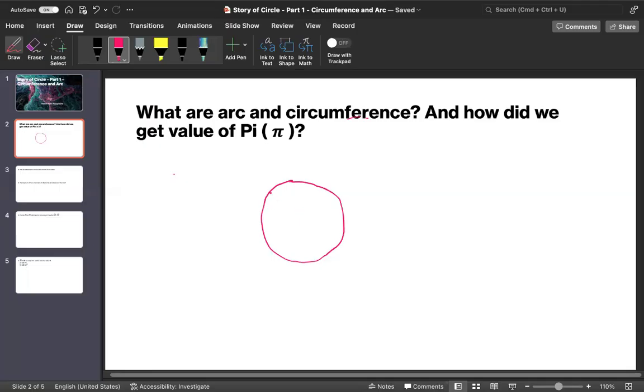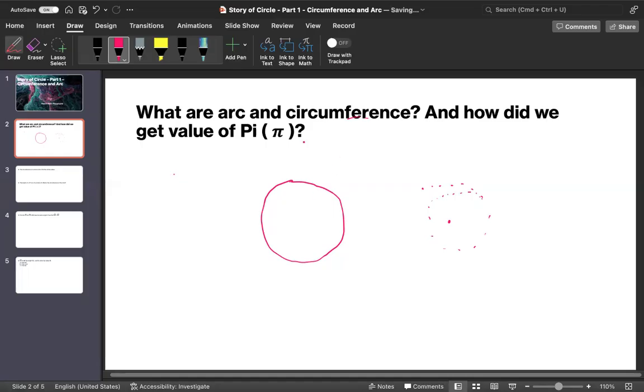is the measure of the outside of the circle, which is basically the perimeter of the circle, but we like to call it the circumference. A circle is a shape made by connecting points from one point, and we connect all the points from the same distance, and we call that a circle.